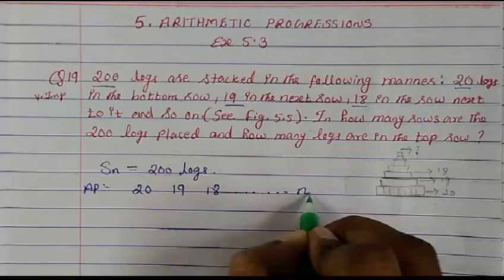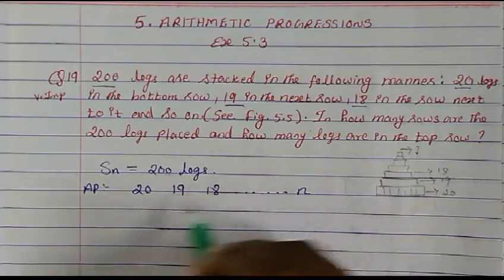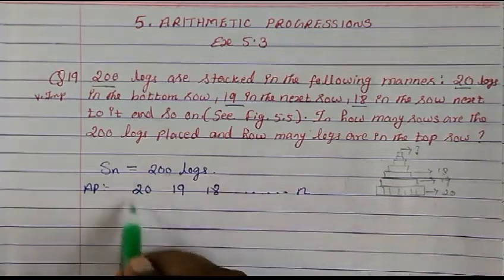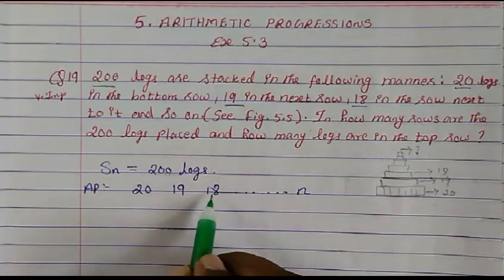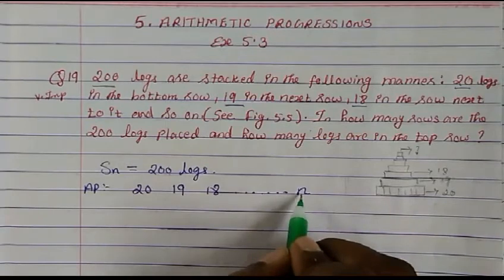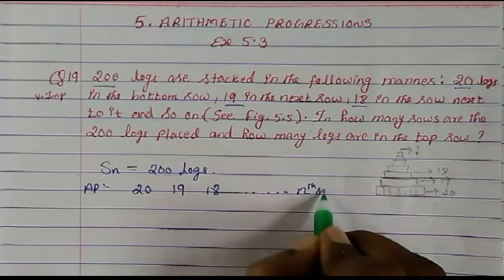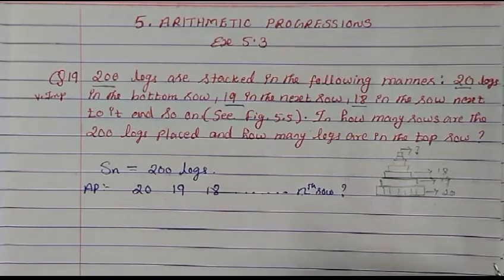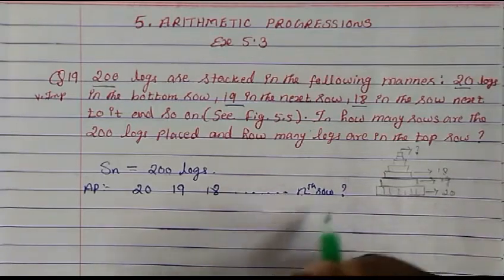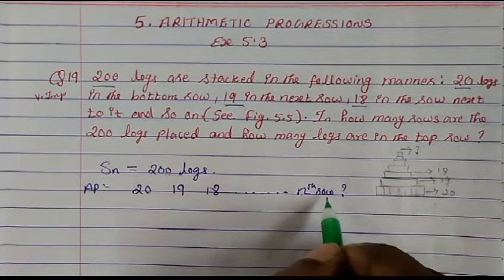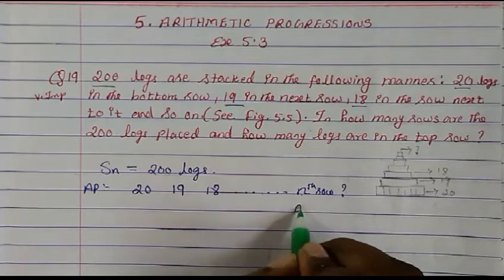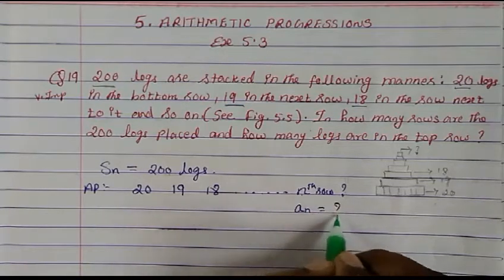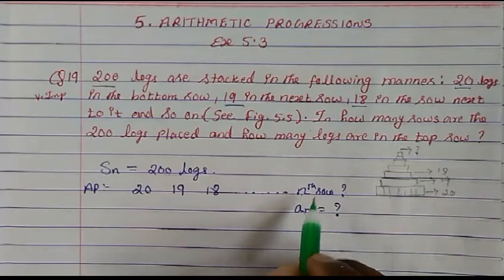We don't know the number of rows. First it will be 20, then 19 logs, then 18. The last row we don't know, the nth row we don't know, and how many logs will be in the nth row, that also we don't know. That means an we also don't know.